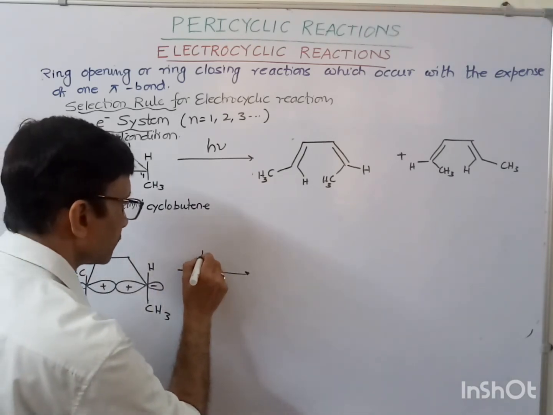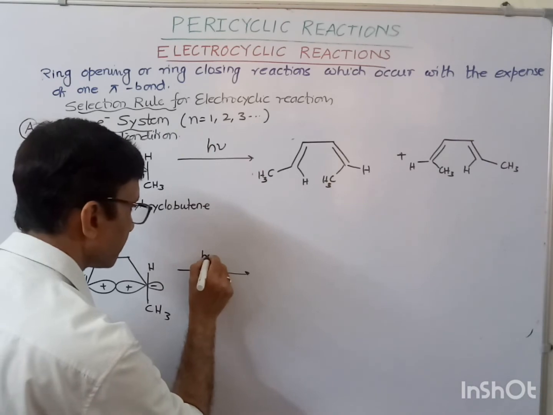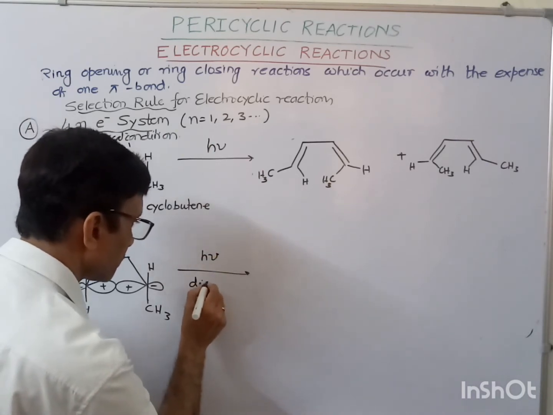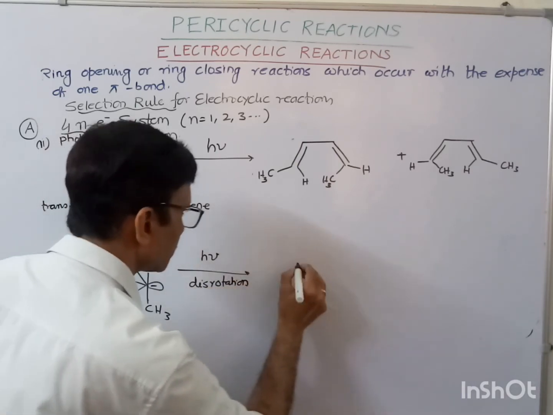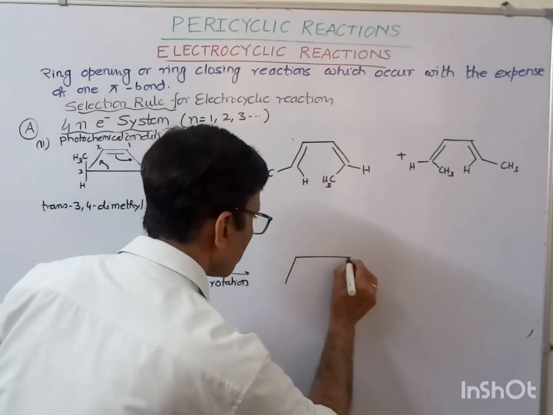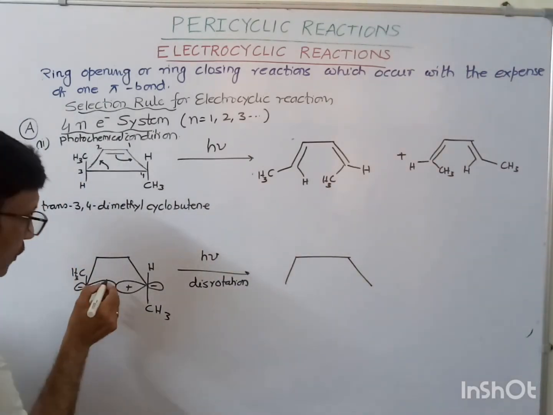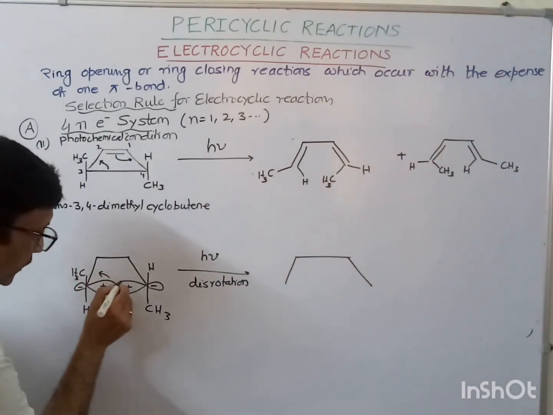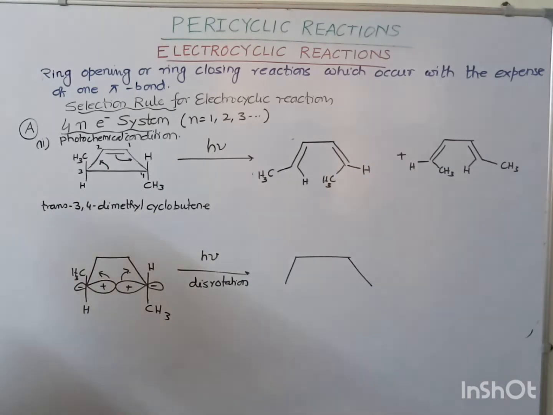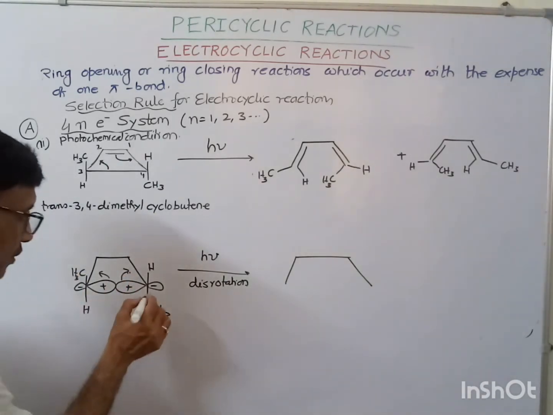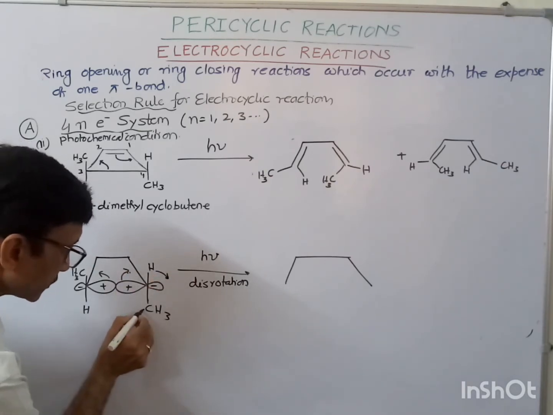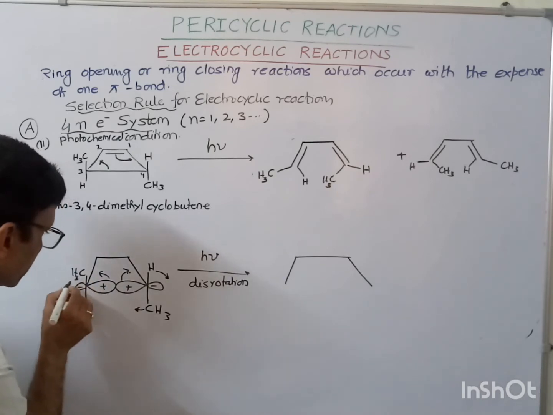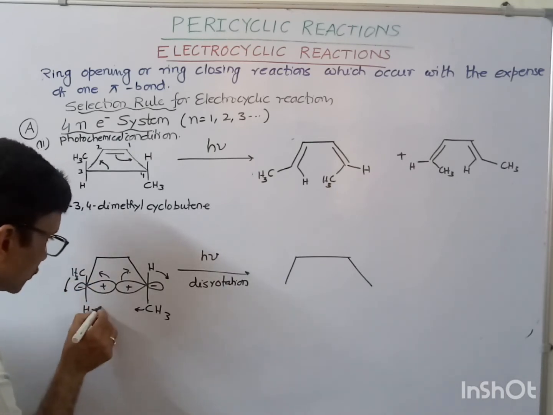Okay. So let me move in a disrotatory manner, in different directions. So both lobes move in opposite directions. So hydrogen will come outside, CH3 will go in. Here the CH3 is going outside, hydrogen is going in.